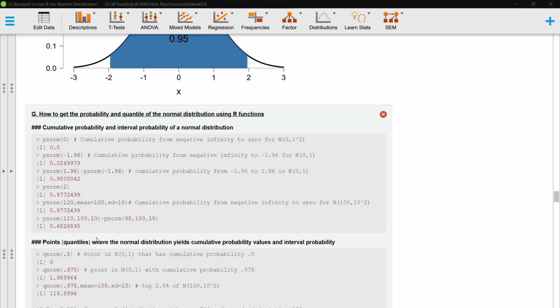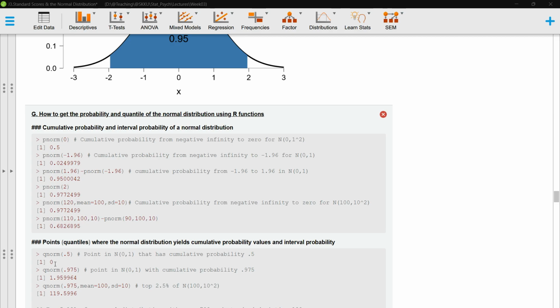What if we want to know the location based on the probability? Just the reverse situation for the previous example. For example, where is the point, the quantile point for the distribution, cumulative probability of 0.5 for the standard normal distribution? That is 0, right?